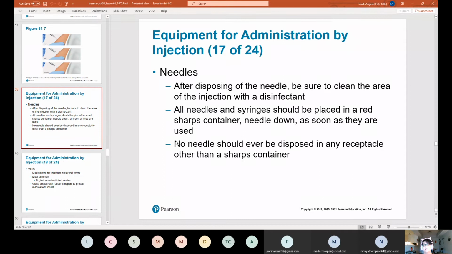So I am very OCD about getting rid of my sharps the second they're used, okay? And a sharp should never be placed in anything but an appropriate container.